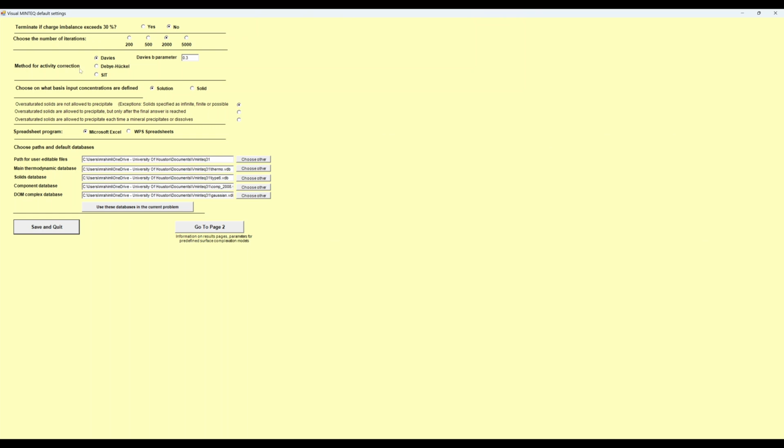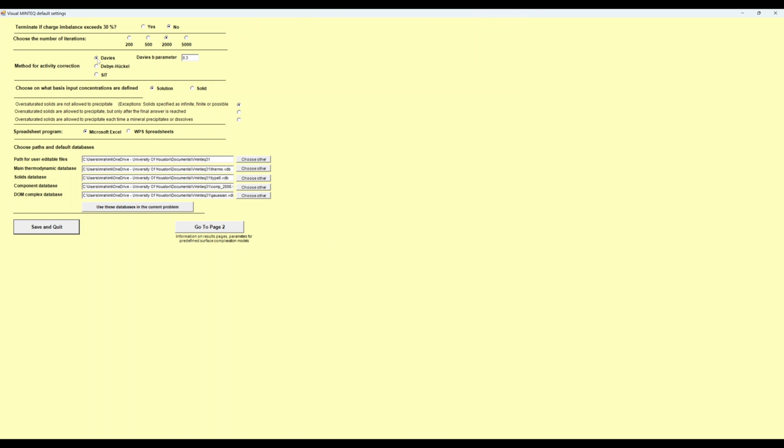The Davies, the Debye-Huckel and SIT are already built into this software. So it just made our life much easier by picking the actual theory, and based on our choice, the software does all the following calculations.